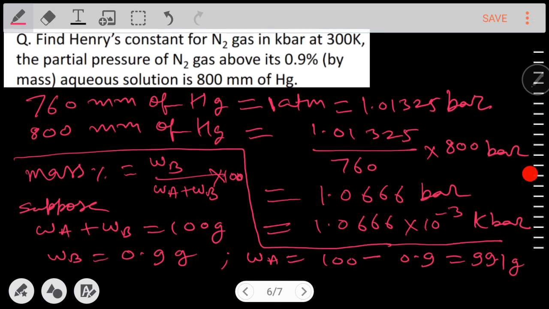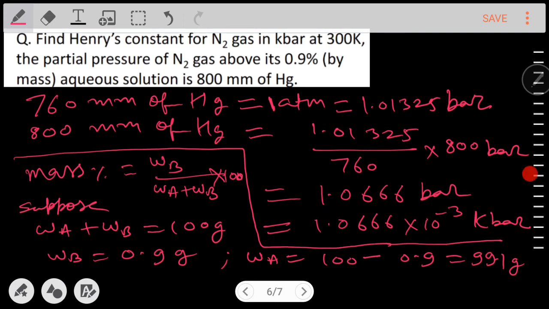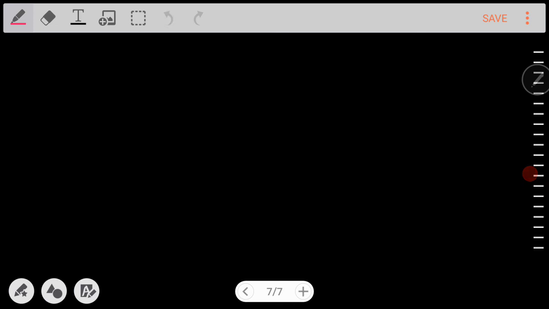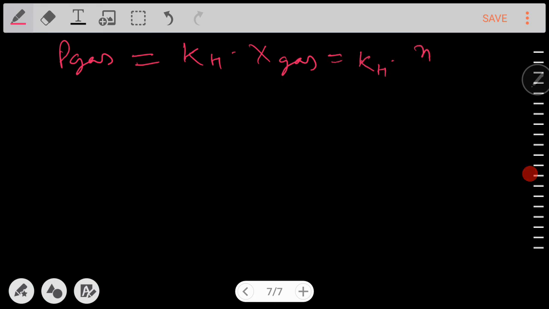Now using these Wa and Wb values, we can calculate the mole fraction of the solute in the solution, and using that value we can determine the Henry's constant. Let's see at the next page. Use the equation for Henry's law: P gas equals KH into X gas. X gas is not given, so it is Nb upon Na plus Nb.